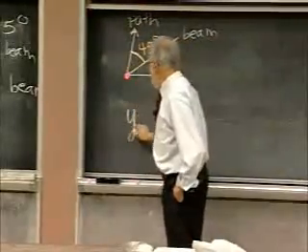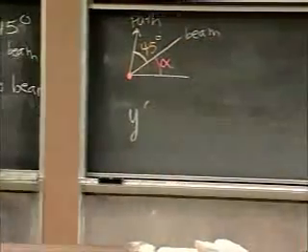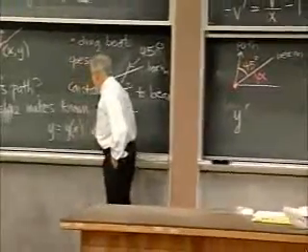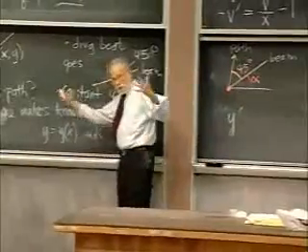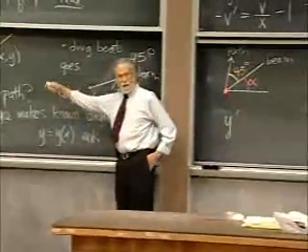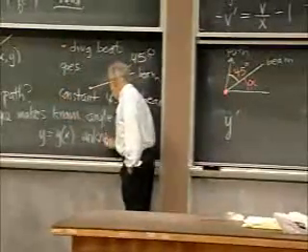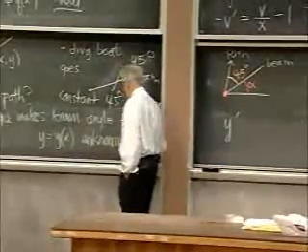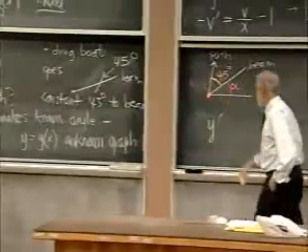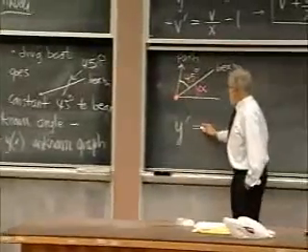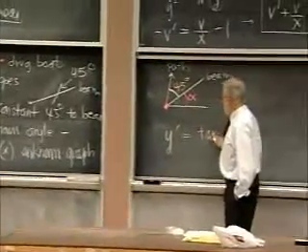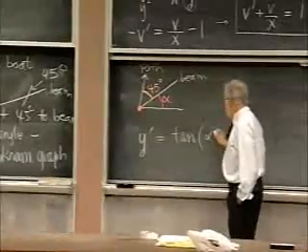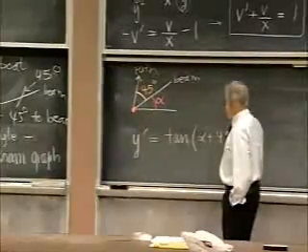So let's call y equals y of x, the unknown function, whose graph is going to be the boat's path. What's its slope? Well, its slope is the tangent of the sum of these two angles, alpha plus 45 degrees.